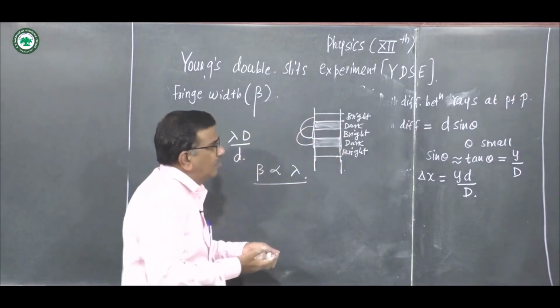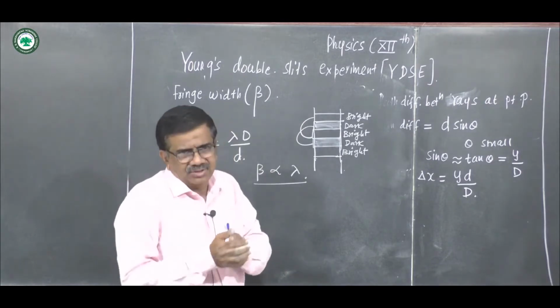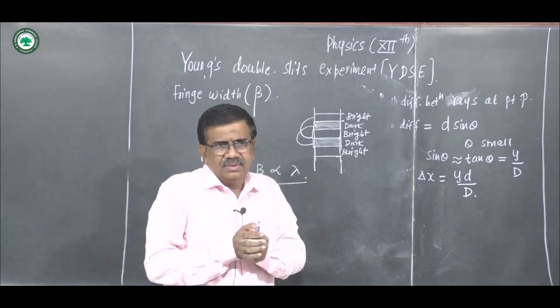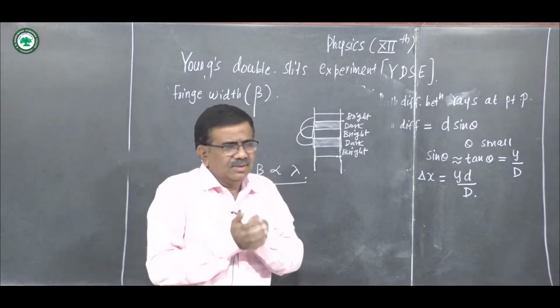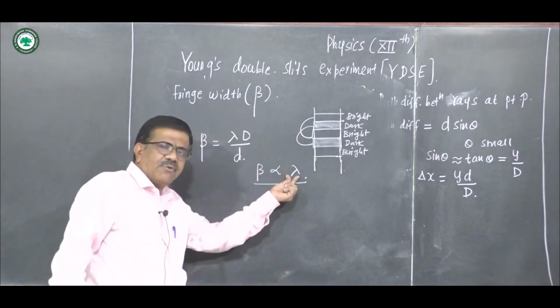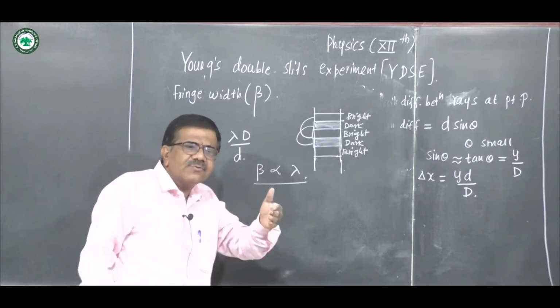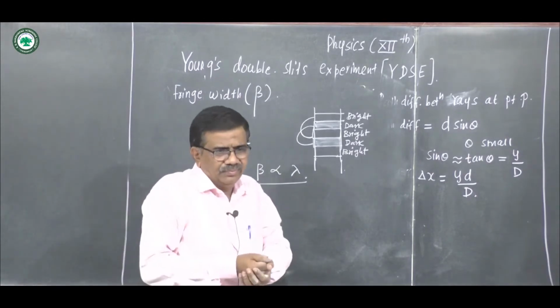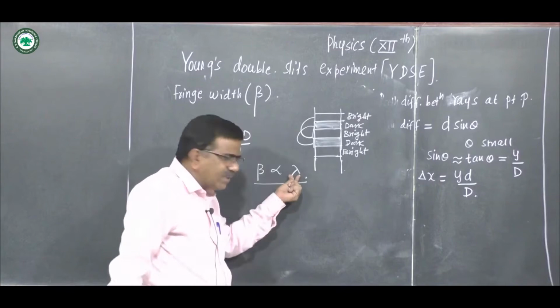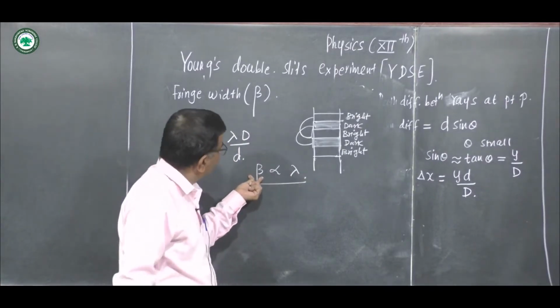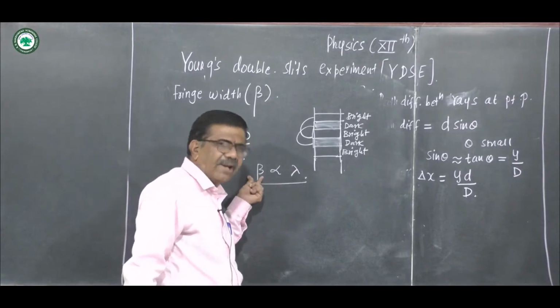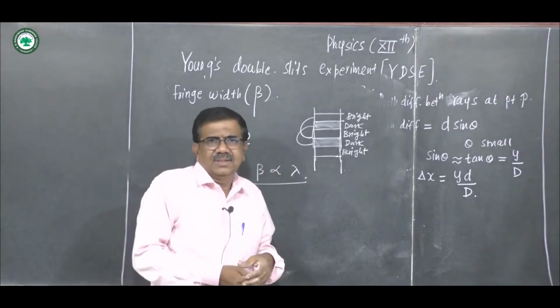We know for red color wavelength is more. For violet wavelength is less. Wavelength increases from violet to red, we know. As wavelength is less for violet, fringe width will also be less for the violet color.